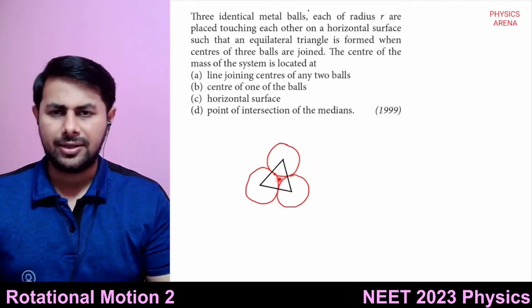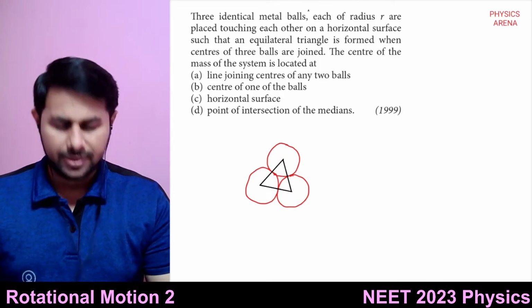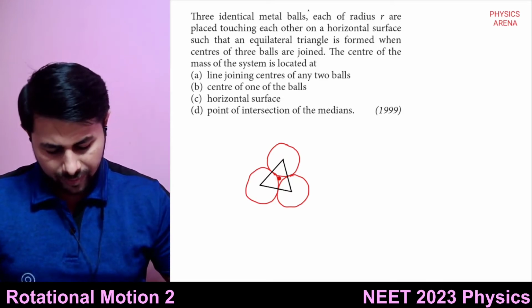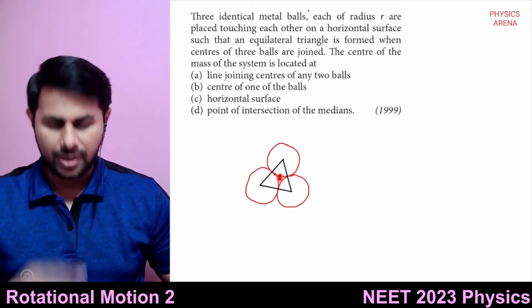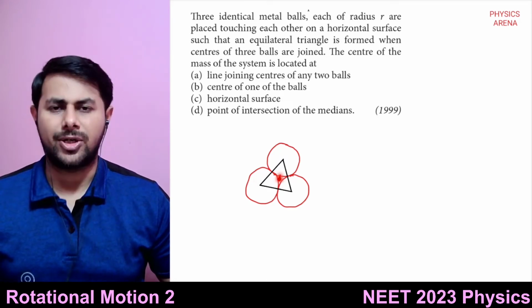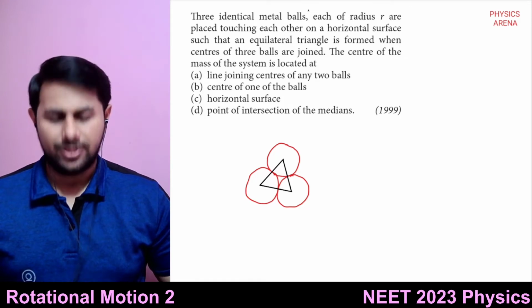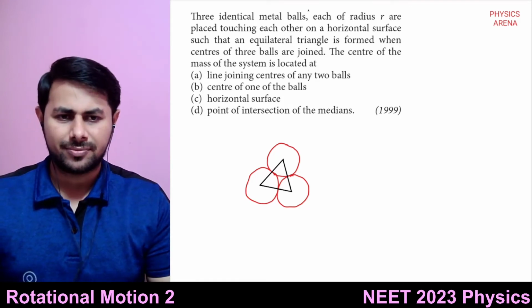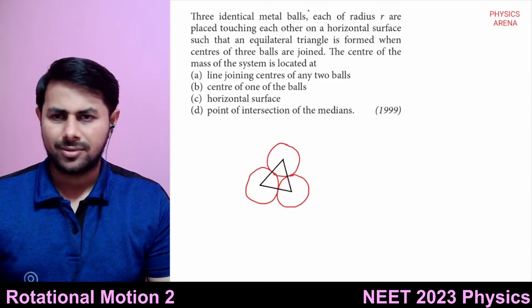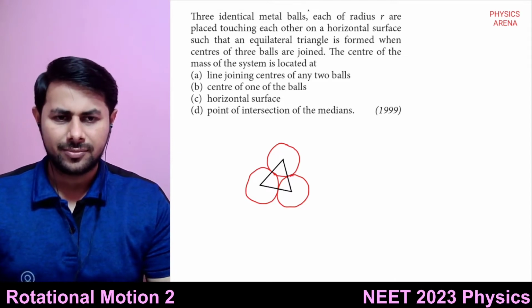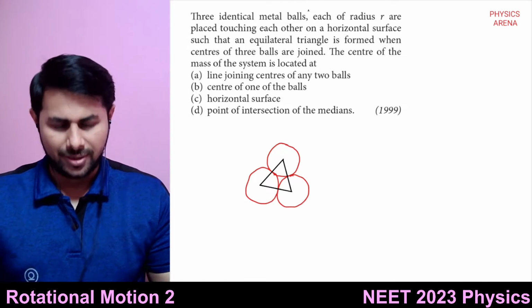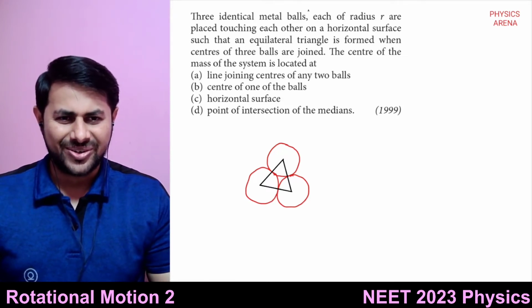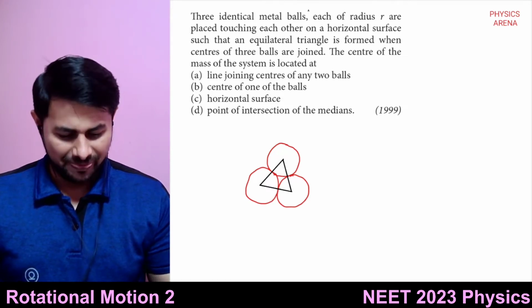You can see the mass of this system is equally distributed in all directions about this point, so this will be the center of mass. Okay, clear? All right, Ravindran already said it's clear. Good.